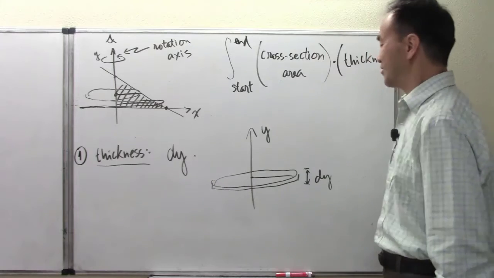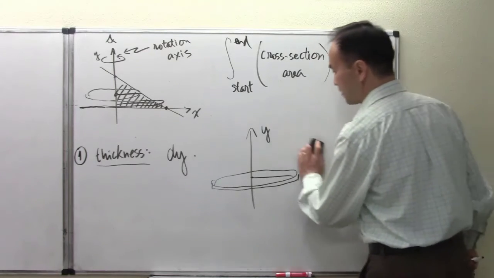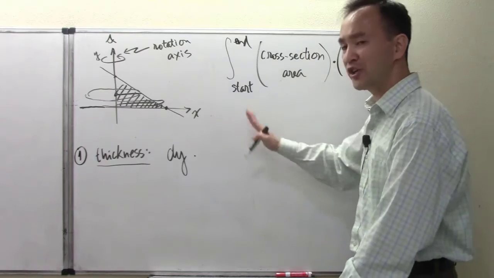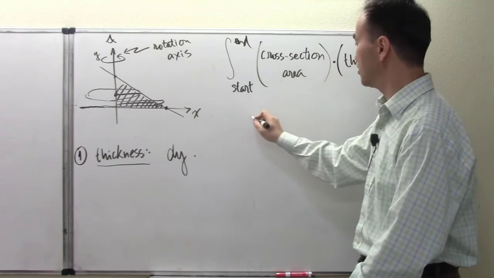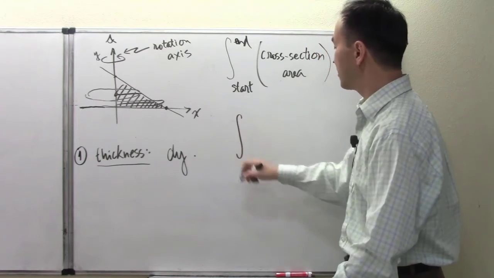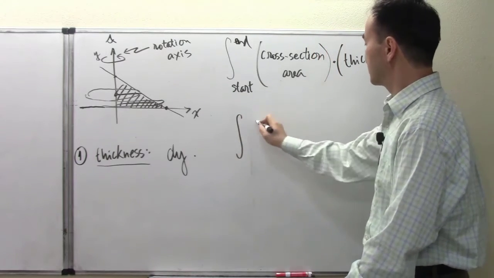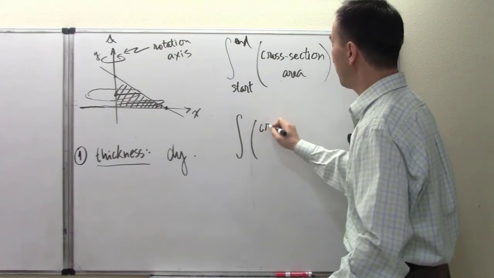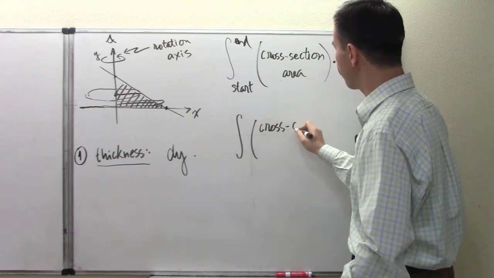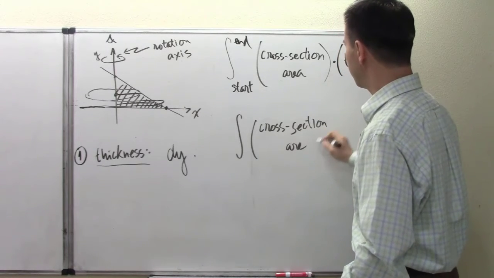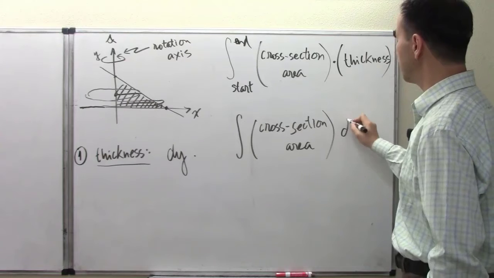Once we saw all of that demonstration and explanation, I can start partially completing our expression here. With the same integral, the cross-section area, we didn't find a formula for that yet, so let's leave it the same, but thickness now is known to be a dy.